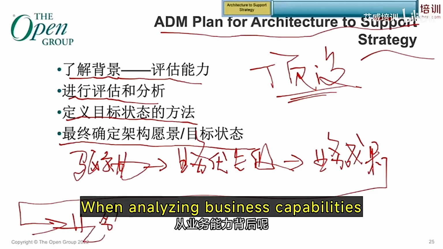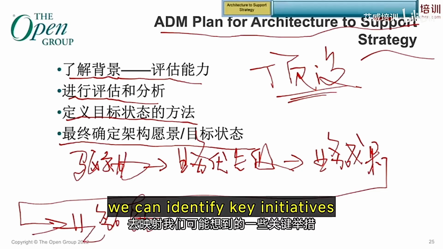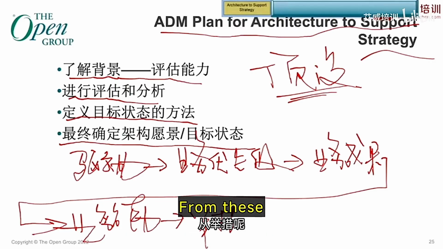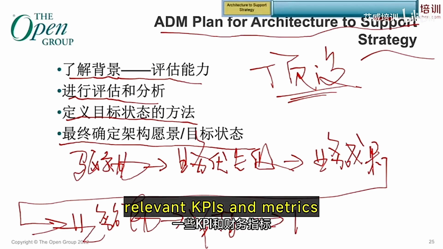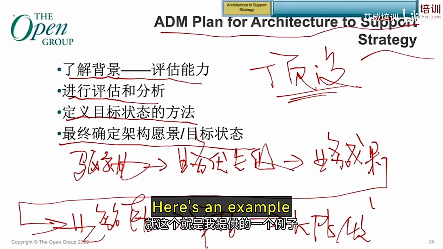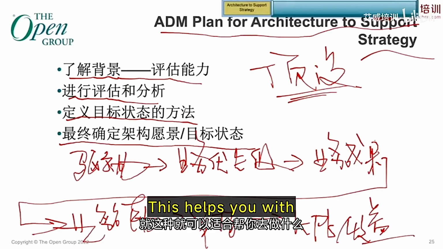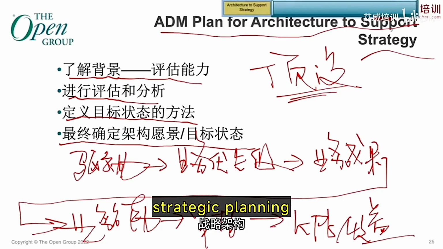When analyzing business capabilities, we can identify key initiatives. From these, we can determine relevant KPIs and metrics, the performance outcomes. Here's an example. This helps you with strategic planning.